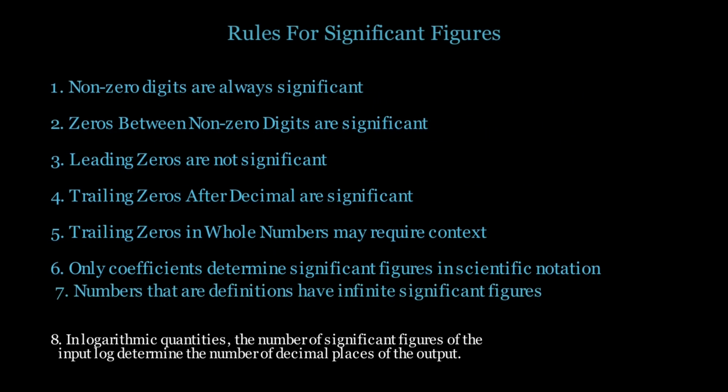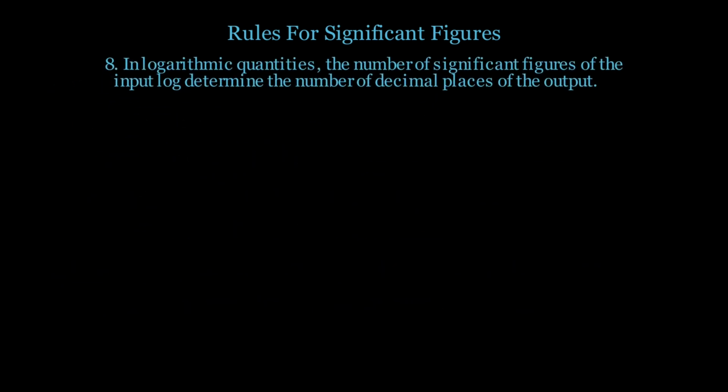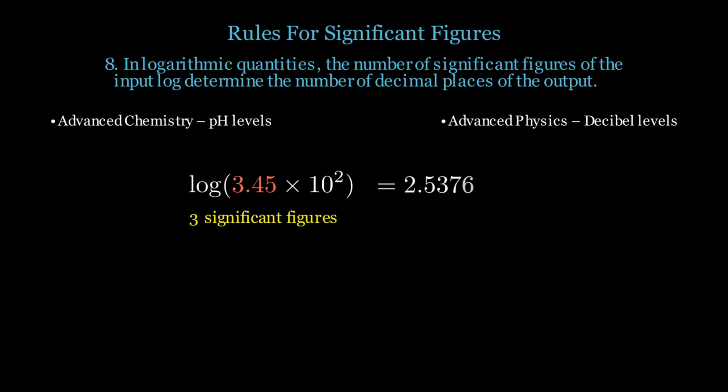Another rule for significant figures, which is actually more advanced and better suited to higher studies in chemistry or physics dealing with pH or decibel levels, has to do with logarithmic quantities. So say you have log 3.45 times 10 to the power 2. While you may calculate this as 2.5376, that is not the correct way to express it.